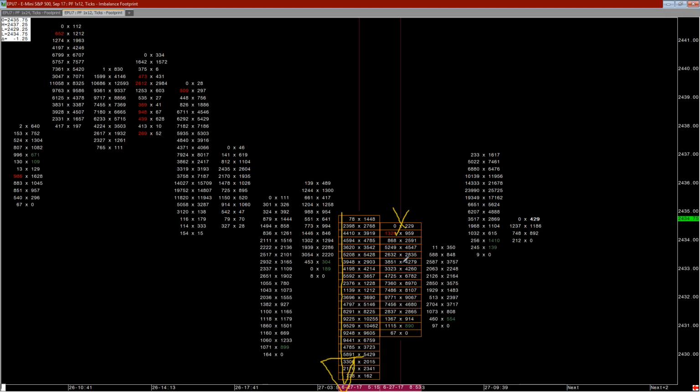Long down-up bar on the 12. It shouldn't retrace this high if it's going to stay bearish.